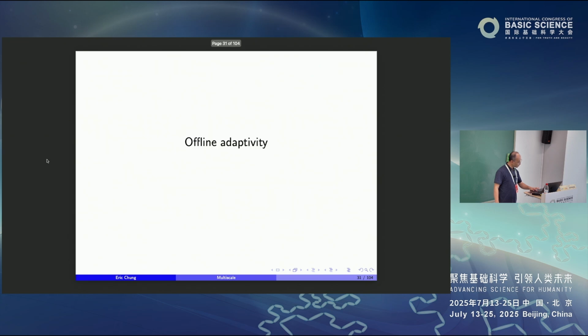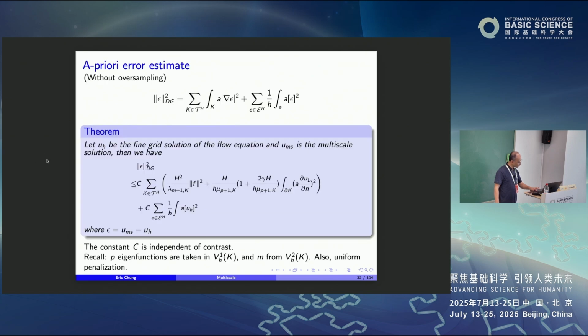So maybe I just go to one of the main results. Of course, the first thing we try to show is an error bound for this scheme. We look at the error in terms of this energy norm, where UH is the true solution and UMS is the solution that we compute using the scheme that we developed.